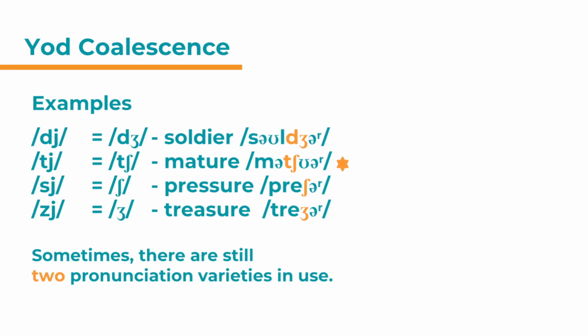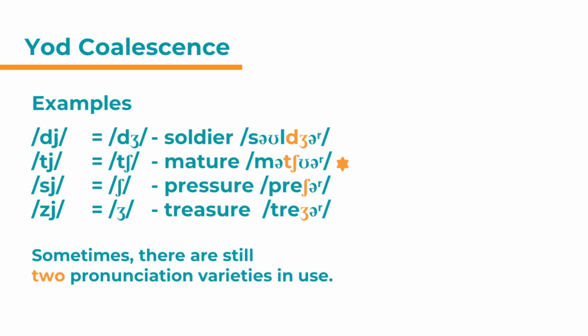So we have mature with Yod coalescence, but also mature with T-Y in two separate syllables without Yod coalescence.